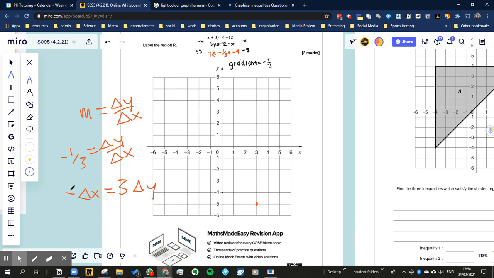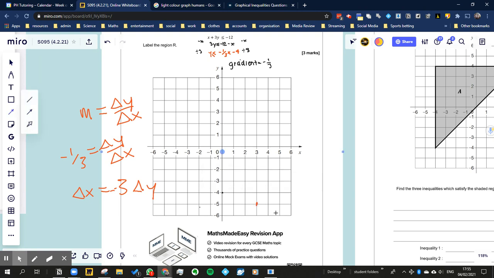Or if you like, the change in x would be equal to negative 3 times the change in y, which is again what I found out from earlier on. When y decreases by 1, then x increases by 3. So we end up with these 2 points, and then we would just join them up.